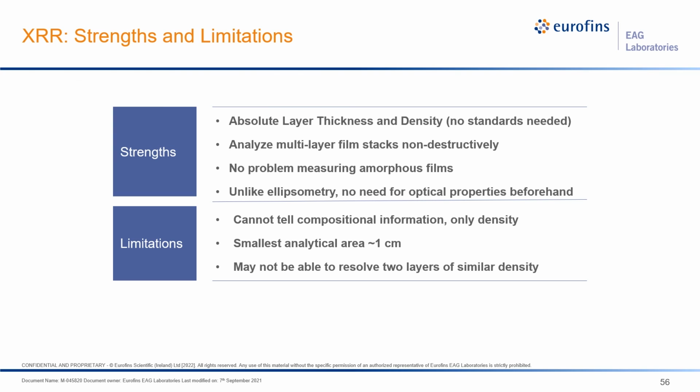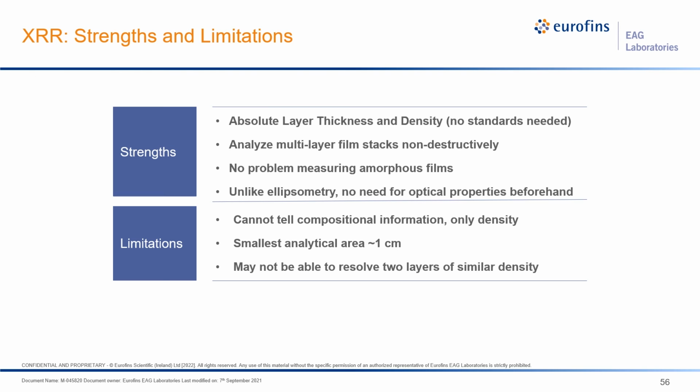Finally, for this section, I want to summarize what I've discussed regarding X-ray reflectivity by giving you a brief snapshot of the key strengths and limitations of this technique. Some of the key strengths are that it can resolve absolute layer thickness and density with no standards needed. It can analyze multi-layer film stacks non-destructively and has no problem measuring amorphous films.